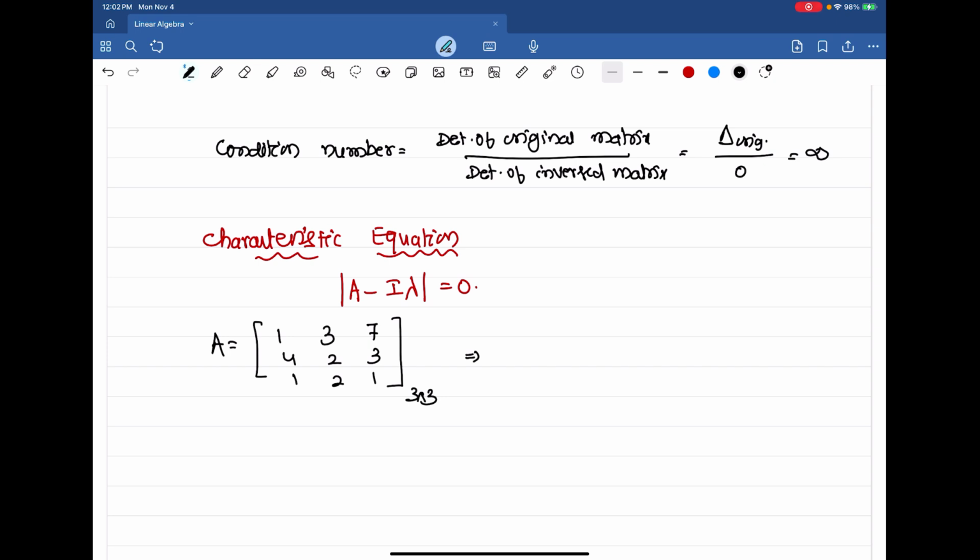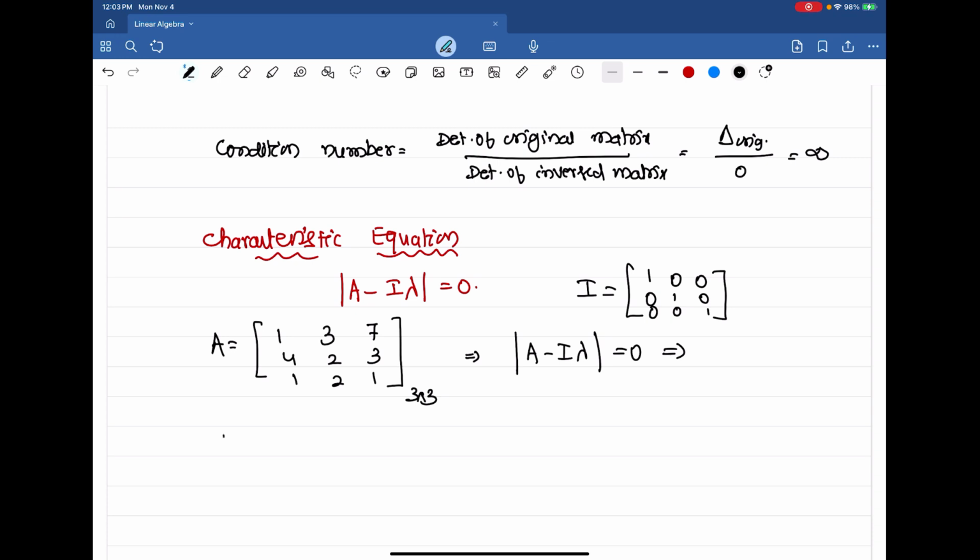Now, A minus I lambda is equal to 0. What is I here? I is nothing but the unity matrix, the elementary matrix, that is 1, 0, 0, 0, 1, 0, 0, 0, 1. Don't worry about my language, please worry about the contents and the explanation I am giving you.